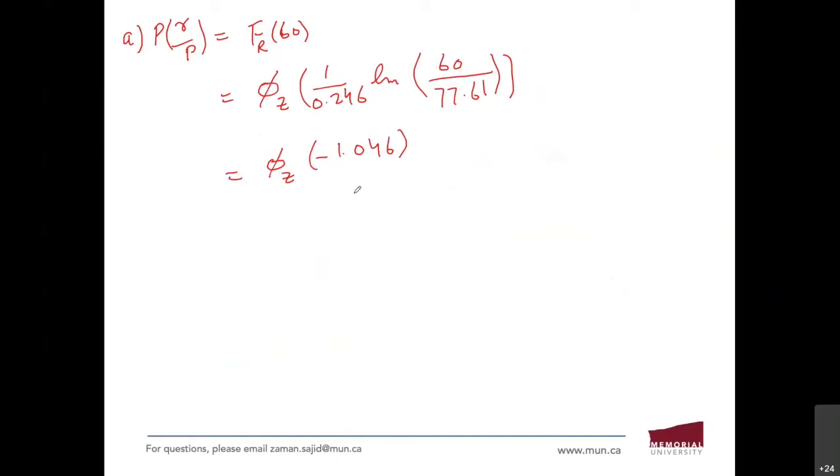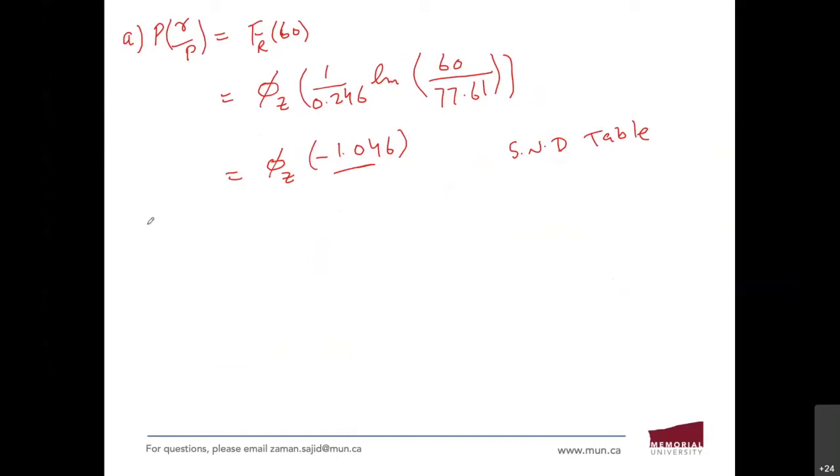Now this is the same procedure as we were doing before. We will go to our standard normal distribution tables, and corresponding to this z value, we find our probabilities.